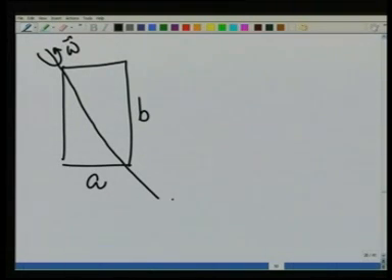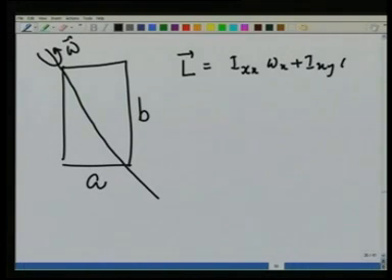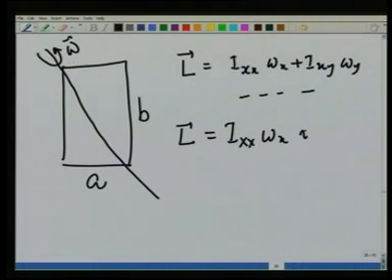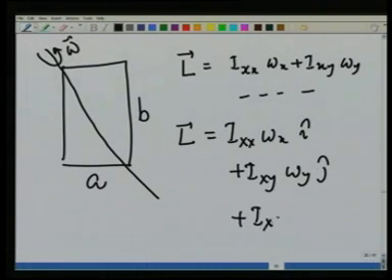Now, either I should be doing L equals that whole thing, I xx omega x plus I xy omega y and so on, or I can go to the principal set of axes, calculate the components of omega and then straight away write L equals I xx omega x i plus I yy omega y j plus I zz omega z k.